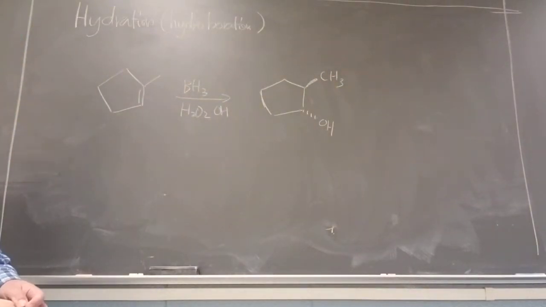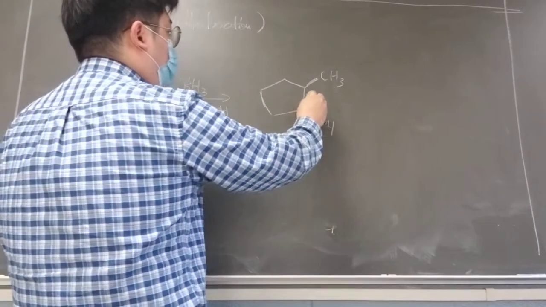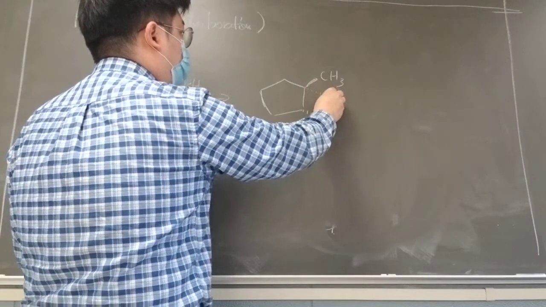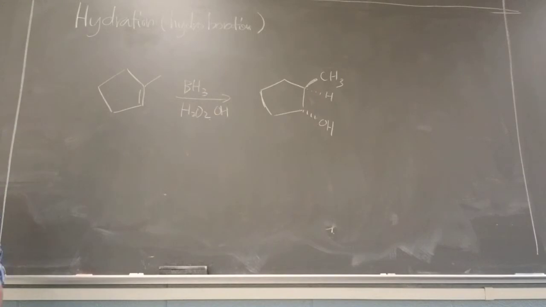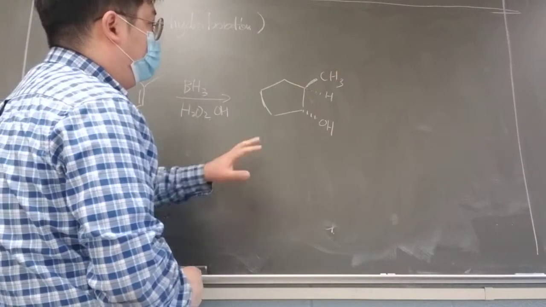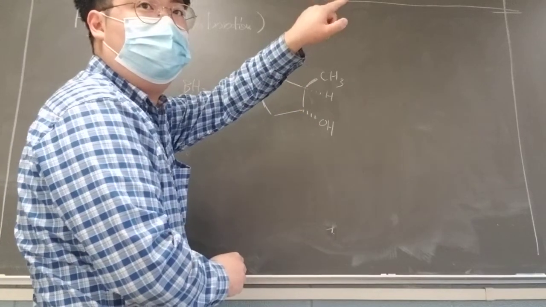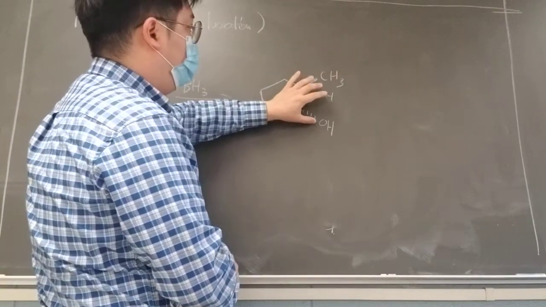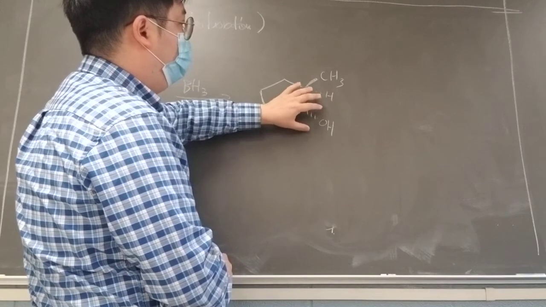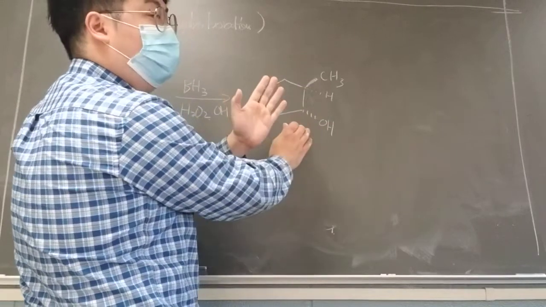Okay, so you don't see it here, but there is this one over here, right? Do you see this wedge? It's kind of coming from this way, but those dotted lines are going backward over here.